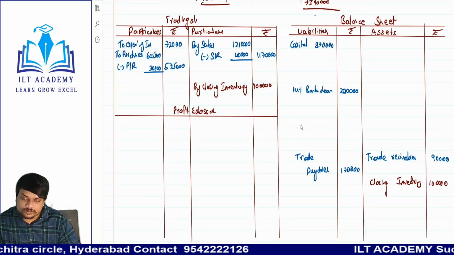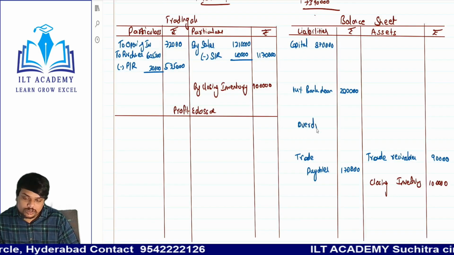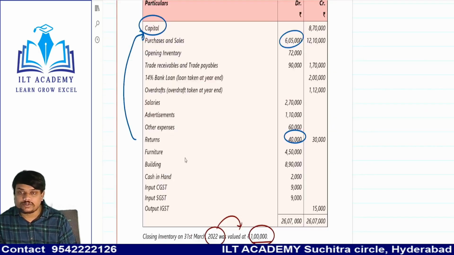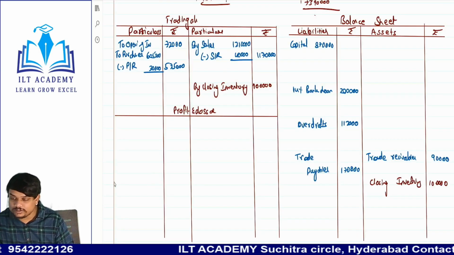Overdrafts 1,12,000. Next, salaries 2,70,000.